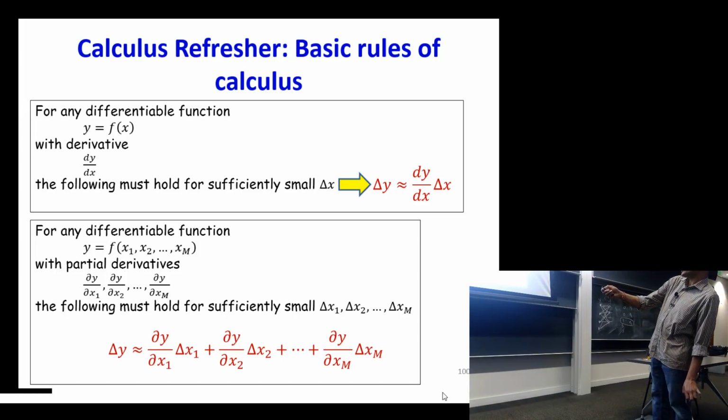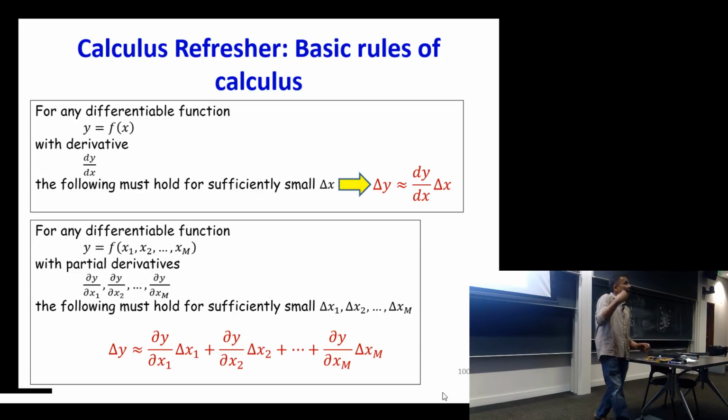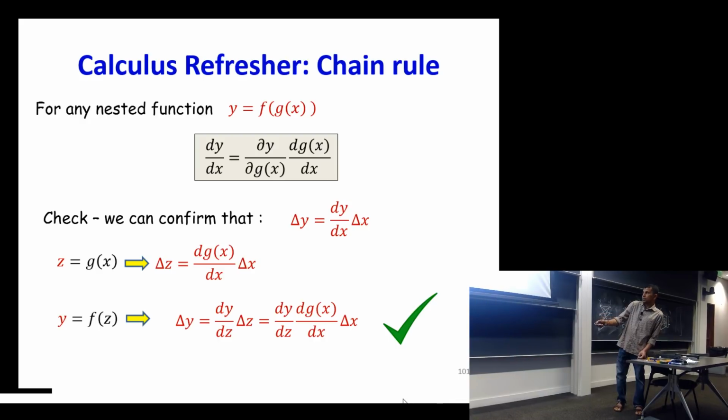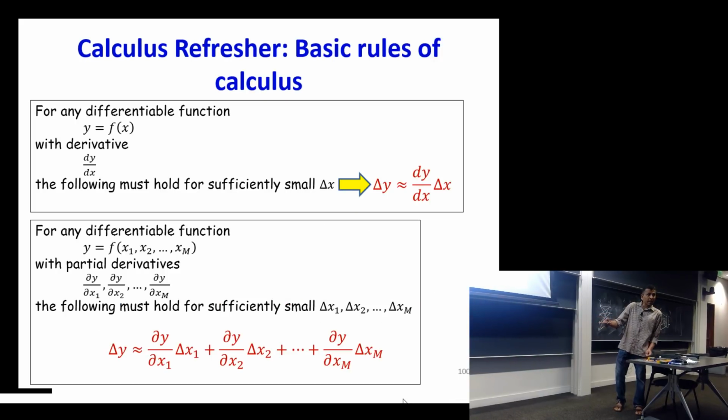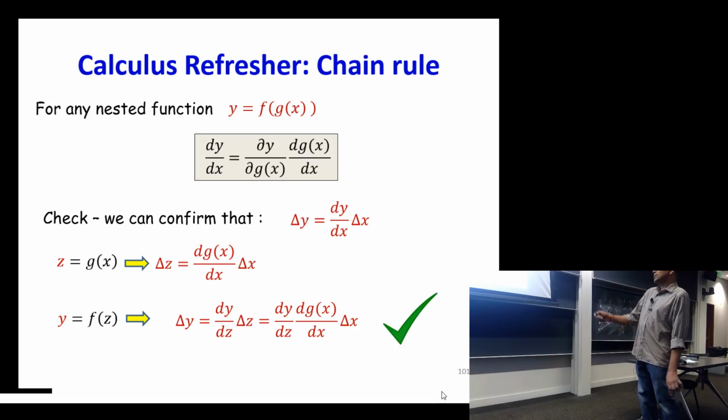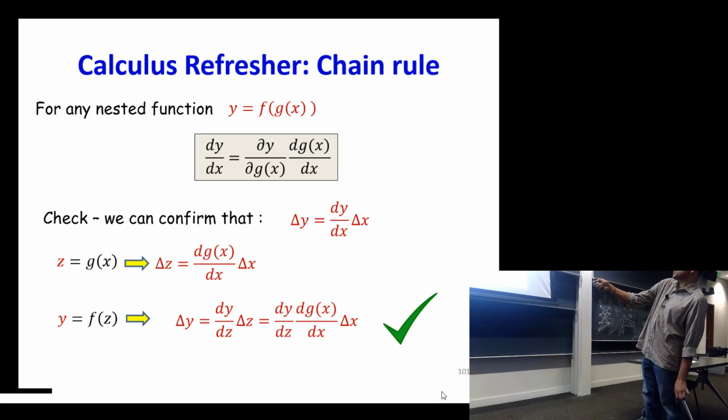For any differentiable function with derivative dy over dx, this must hold. This is in fact the definition of the derivative, correct? Let's say I have a function y of many variables, then we also saw that this must hold. This again was the definition of the derivative. Now the chain rule: how can you actually check it? Let's say I have the function y equals f of g of x.